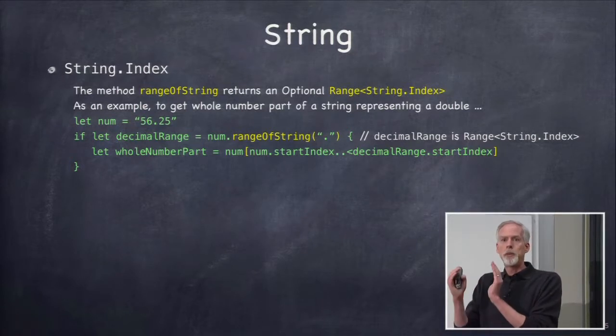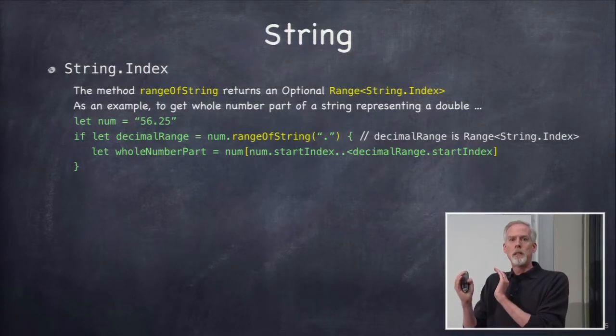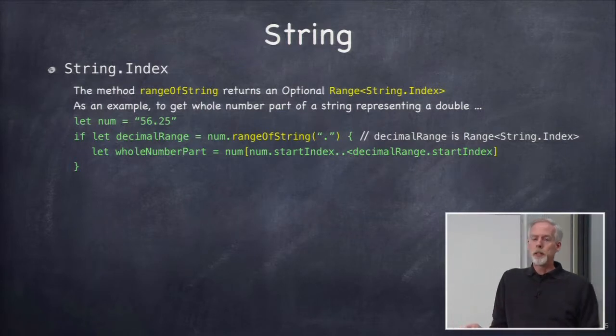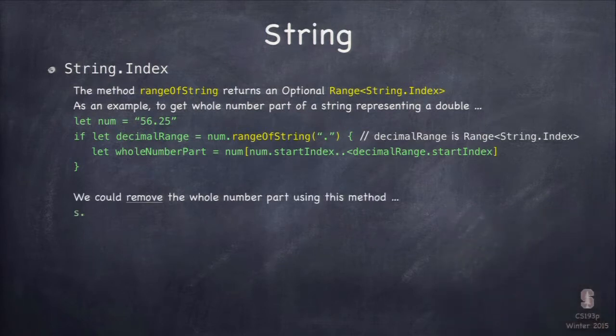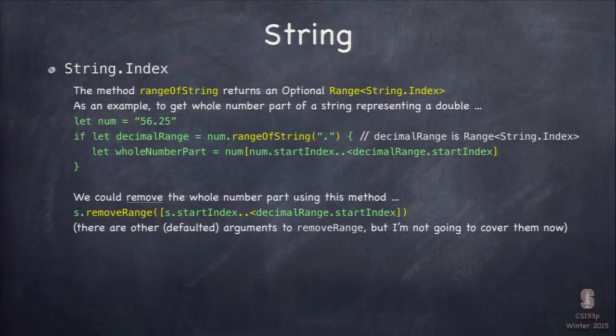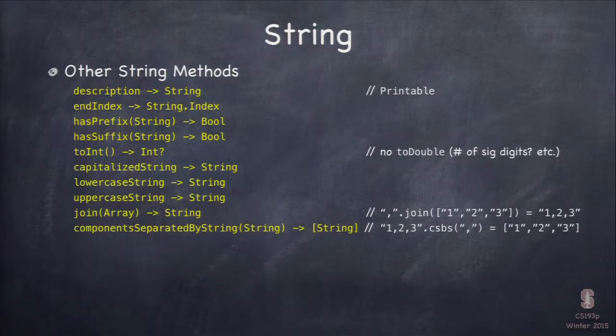Now I got the substring, which is the whole part. Everybody cool with that? So substringing in a string is actually, once you understand this whole index thing, pretty powerful. We could even remove the whole number part just by using remove range of that same range, not start index to the decimal range. Or we can replace the range with other things, etc. So there's a lot of string methods for doing that, and they're all based on that string index.